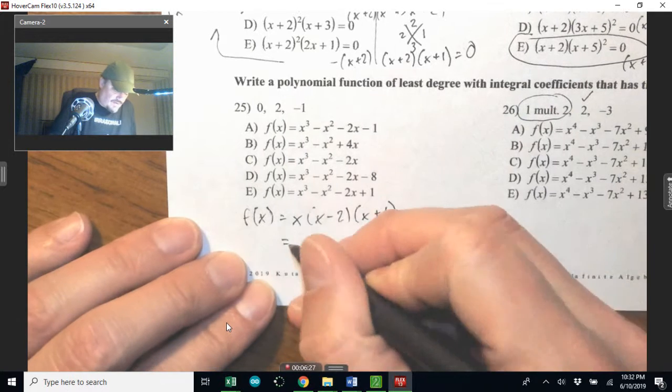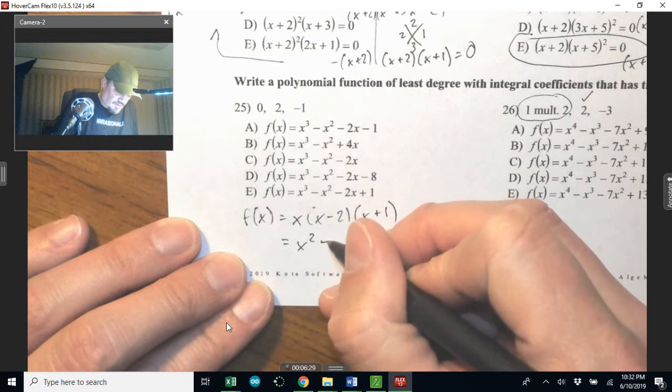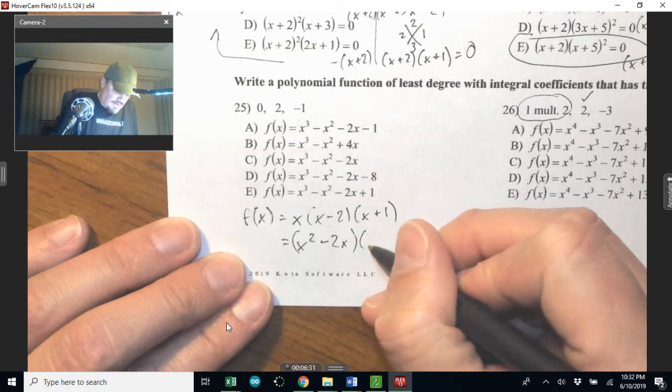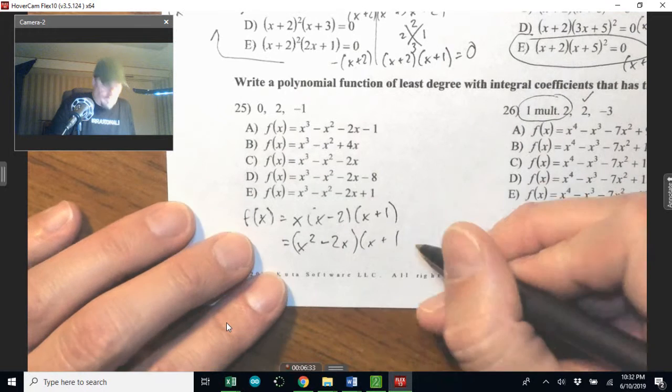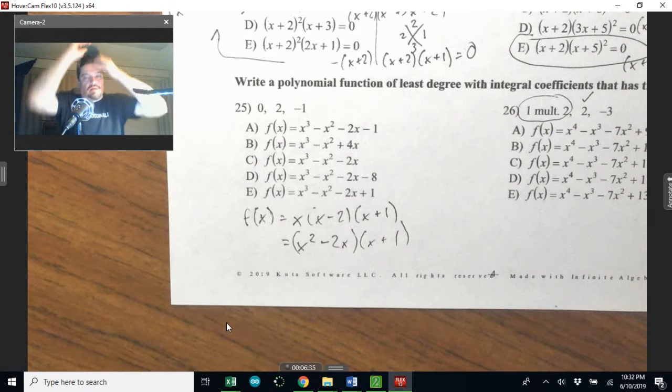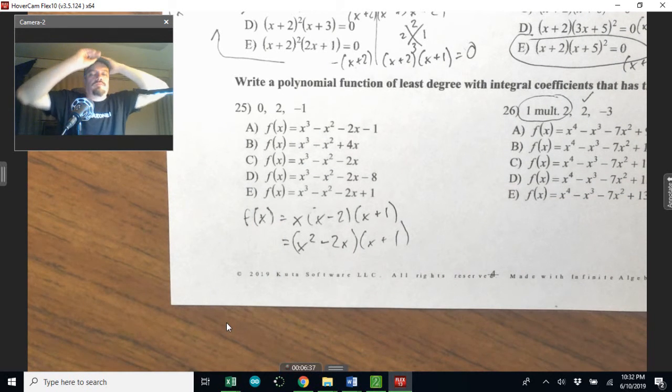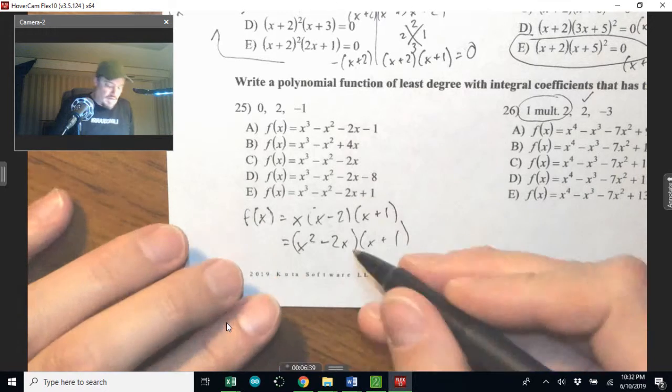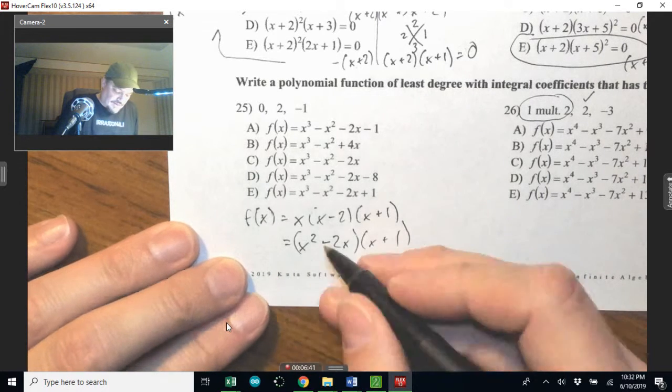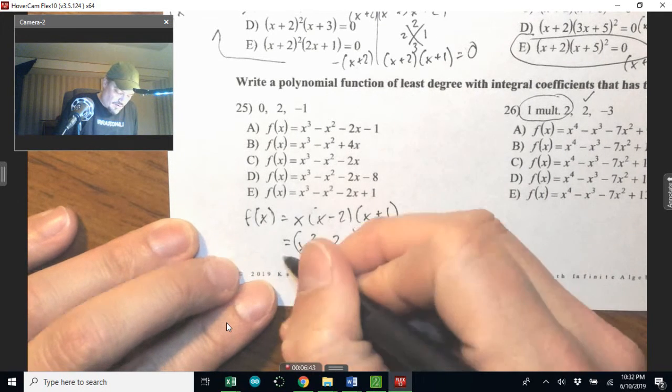So I'm going to go ahead and just FOIL out the first two, x squared minus 2x. Okay, and then I'm going to distribute using just plain old FOIL. All right, so x times x is x to the third.